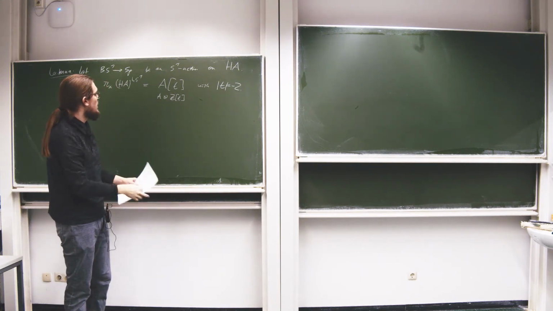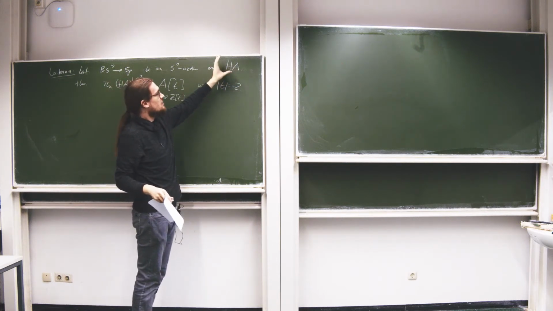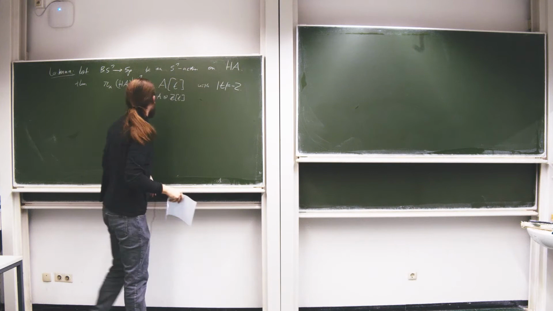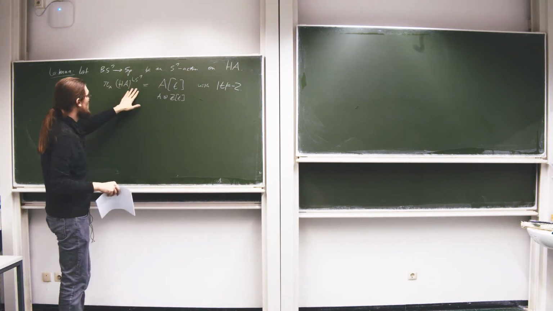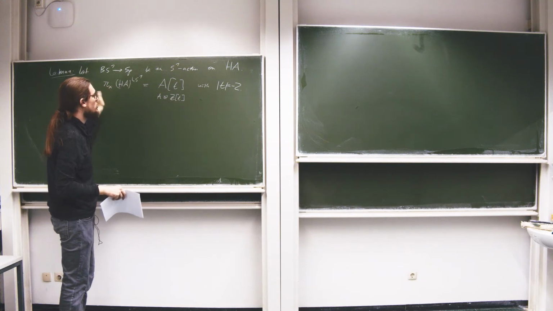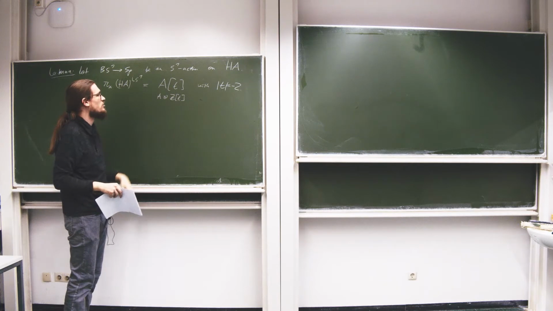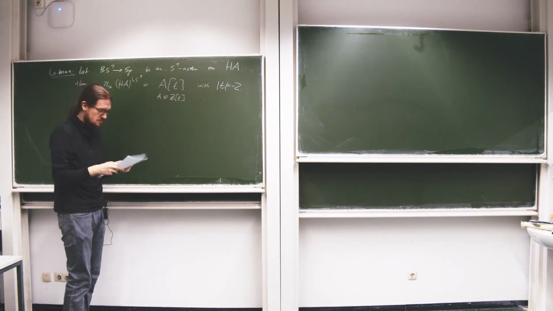But of course, if A was a ring, then HA gets an E-infinity structure, so the homotopy fixed points get an E-infinity structure, and so it makes sense to ask what the ring structure is, and in that case it's really just the polynomial ring. So this description here is compatible with ring structures.